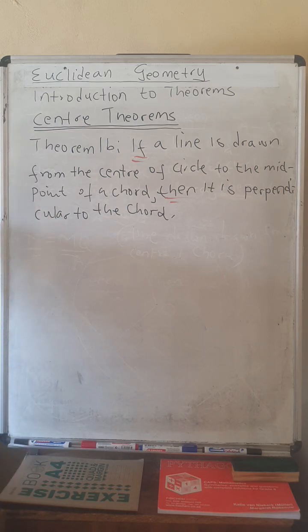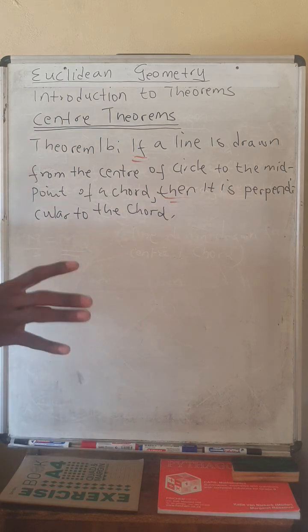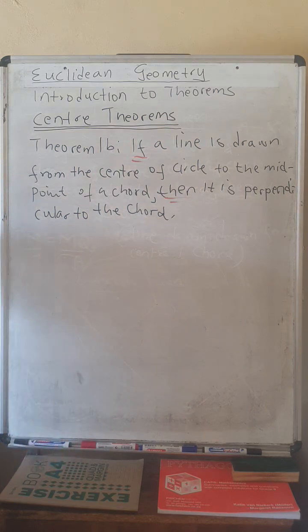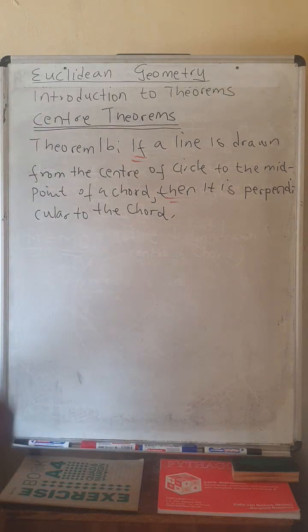In my lesson, I'm concentrating more on the condition and the conclusion of the theorem. But if you go to some textbooks, they simplify the theorems. These theorems can be simplified as a line drawn from the center of a circle to the midpoint of a chord is perpendicular to the chord. The first one, when they simplify it, they say a line drawn from the center of a circle perpendicular to a chord bisects the chord.